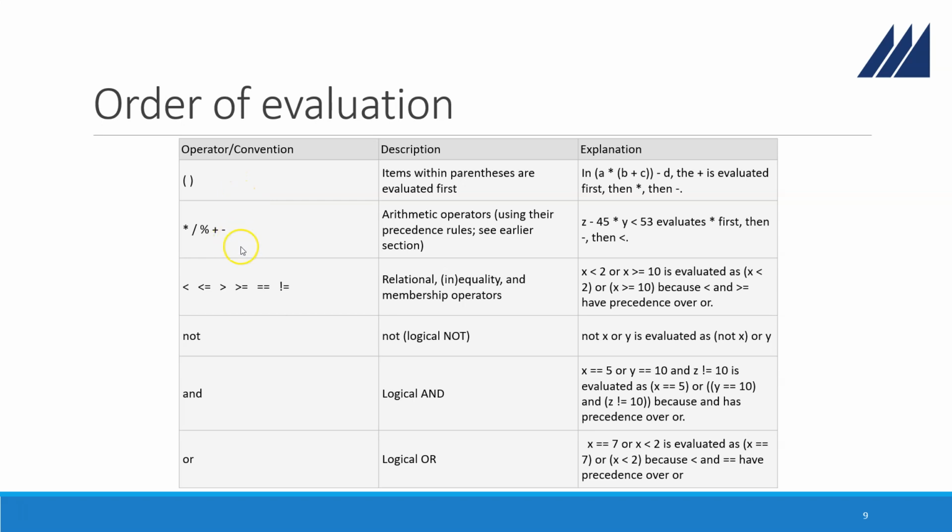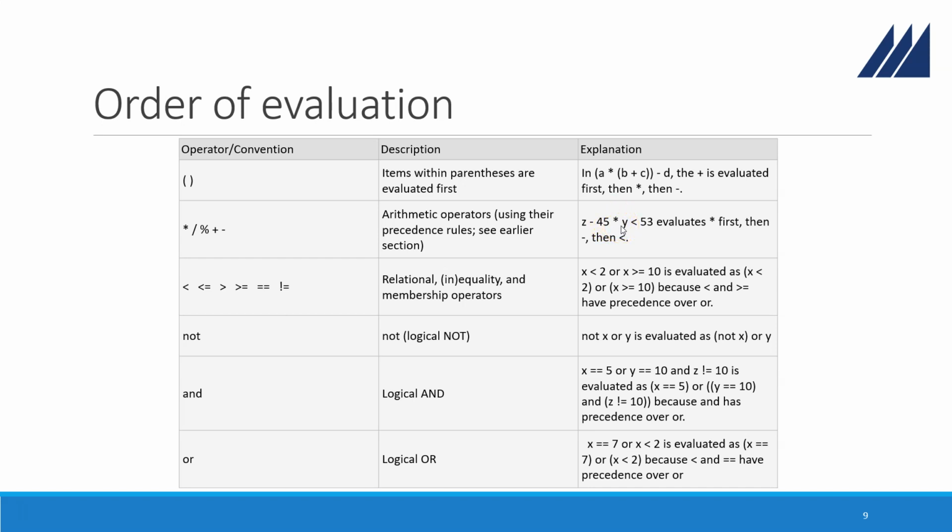After that, we come to the arithmetic operators, and these also have an order. They go from left to right, and if they are repeated twice in the same expression, they are evaluated starting from the left. Let's take a look at this example that we saw before. First, we evaluate the multiplication, 45 times y.